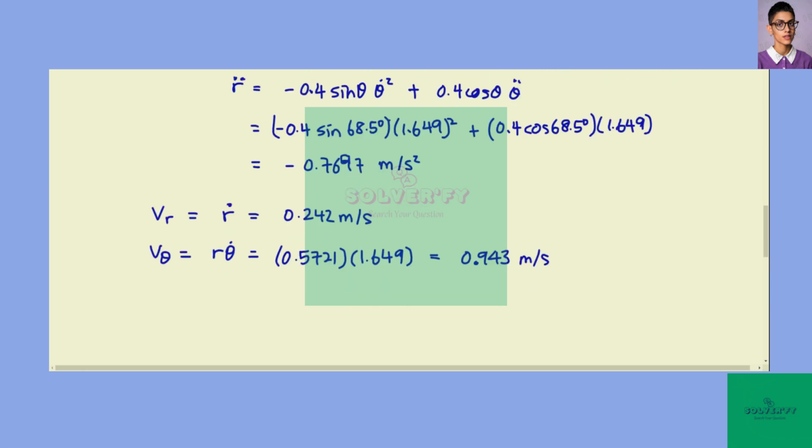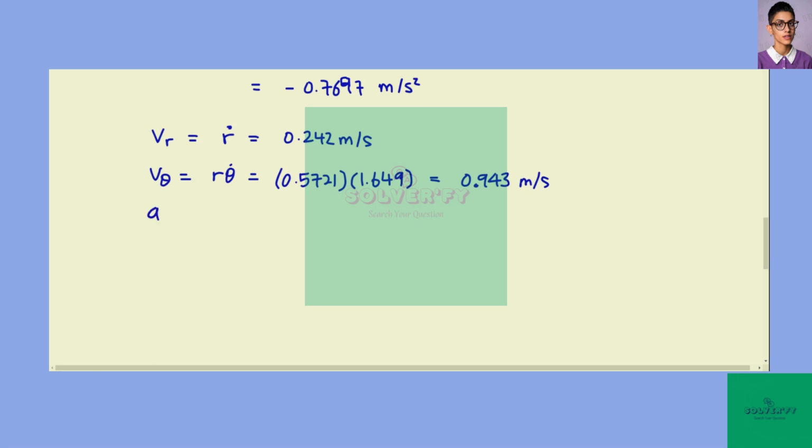Then the radial component of the acceleration is r double dot minus r theta dot square, which is negative 0.7697 minus 0.5721 times 1.649 square, and you get negative 2.33 meters per second square.